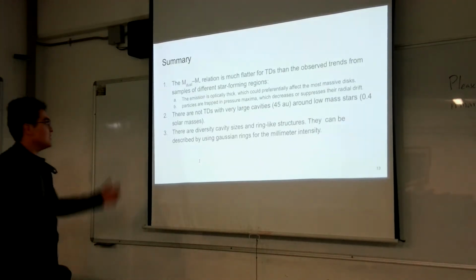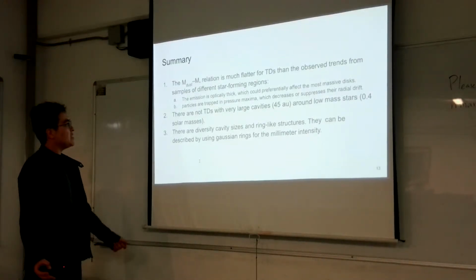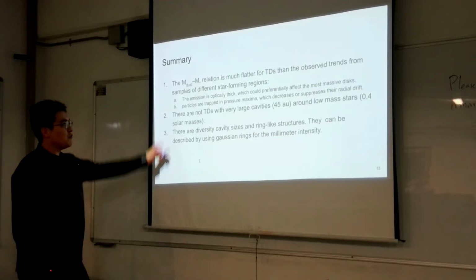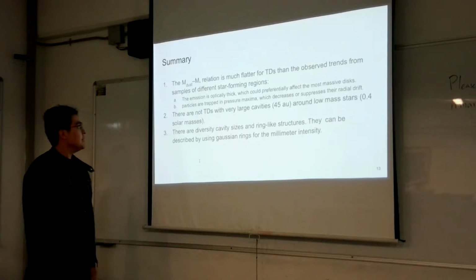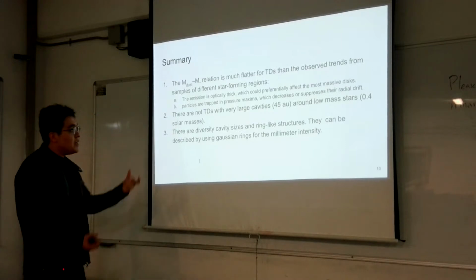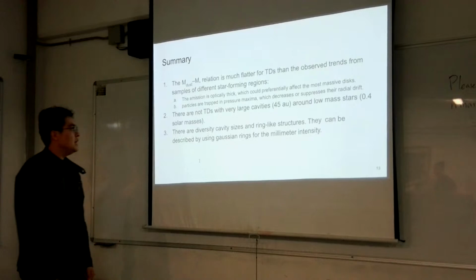So what we conclude basically is that the relation between the dust mass and the star mass is much flatter than what the theory said. The possible reason is that the emission is optically thick, or the particles are rapidly pressure bound.